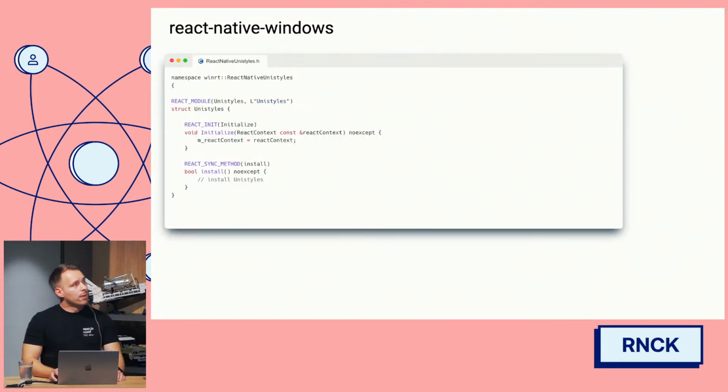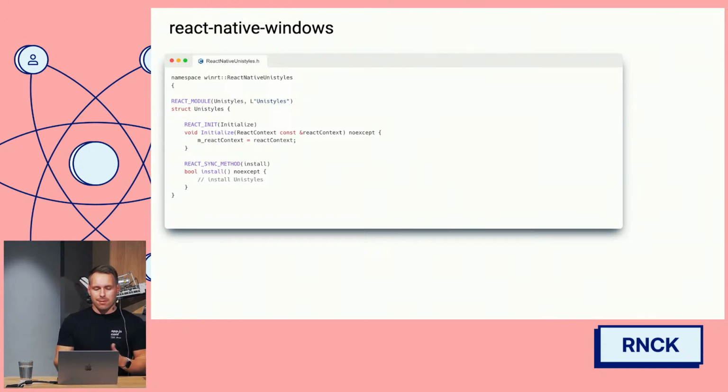Now, native code for React Native Windows is a little bit different than for iOS or for Android. We also have macros, like here you have a React module, and there is a struct, so you can easily replace struct with class. It's the same, it's only about the privacy. But here we have a struct.